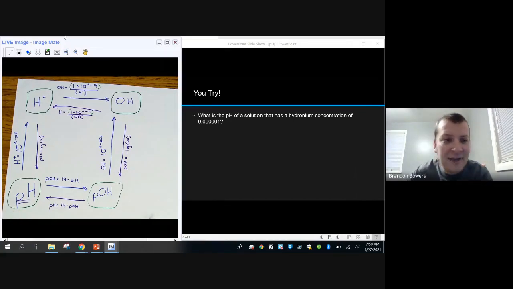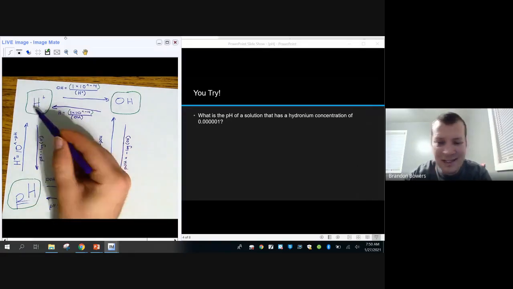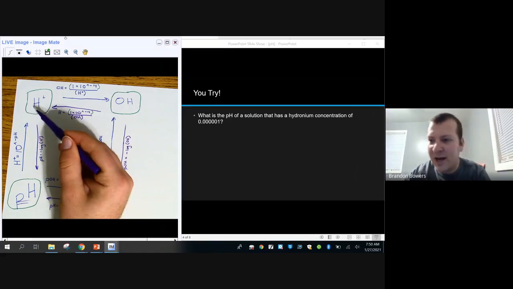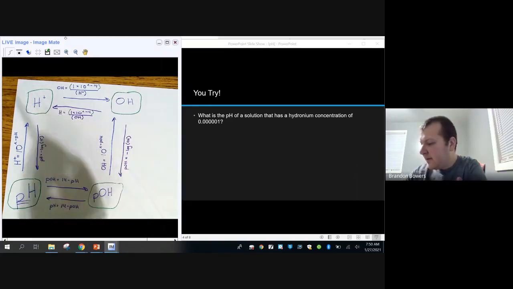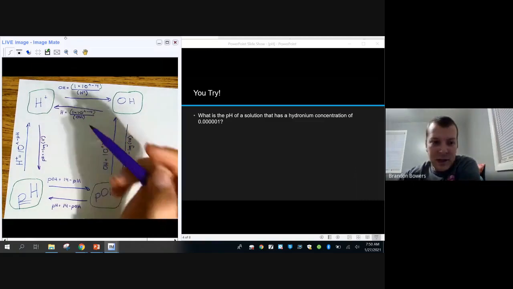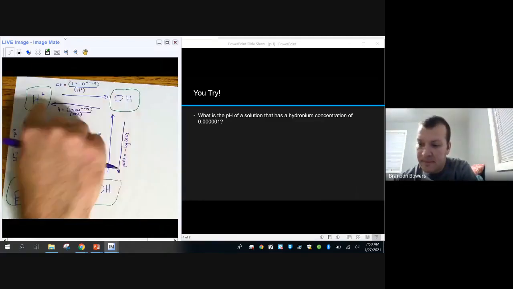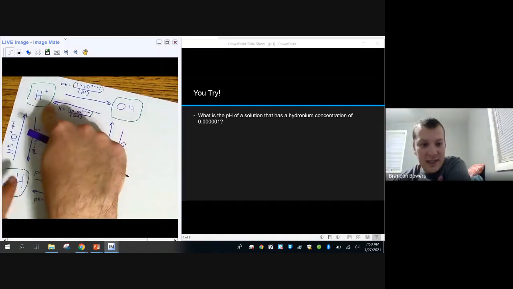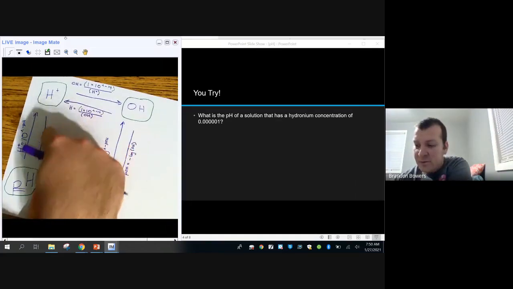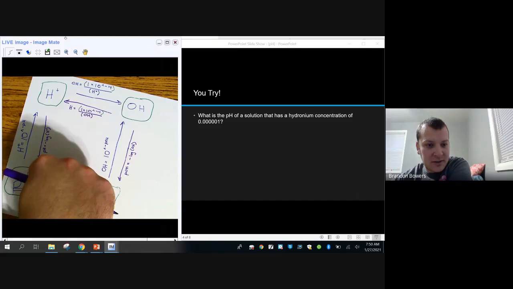It says I have hydronium. Hopefully from yesterday, you know hydronium is H. You know you have H, right? So I'm starting here, I'm finishing here. So I have to use my down equation, right?